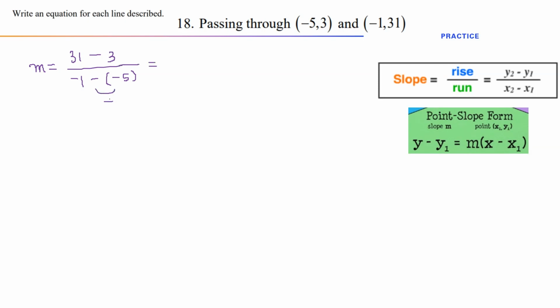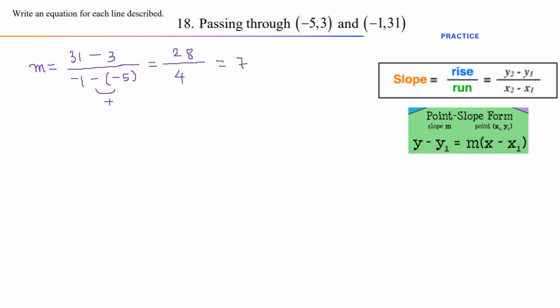Right, this one makes it positive. So negative 1 plus 5 is 4. And 31 subtract 3 is 28. 28 divided by 4 is 7. So now the slope m is 7.